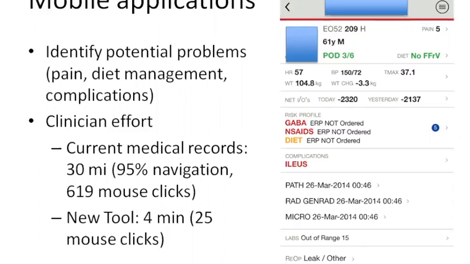And it had a huge impact because it's possible to identify potential problems quickly. And the clinician effort is down from 30 minutes navigating medical records to 4 minutes. So that makes a huge difference. I'd rather be in that position.